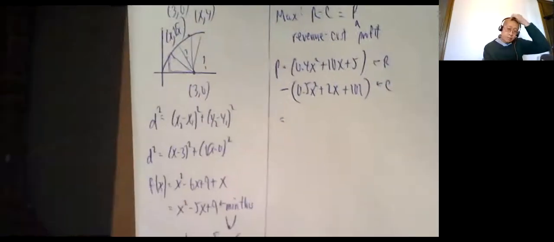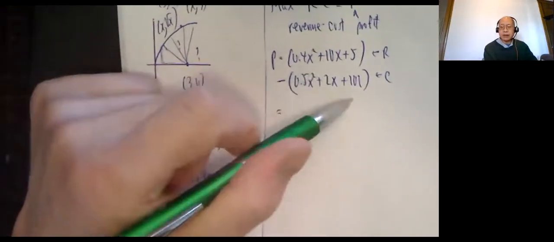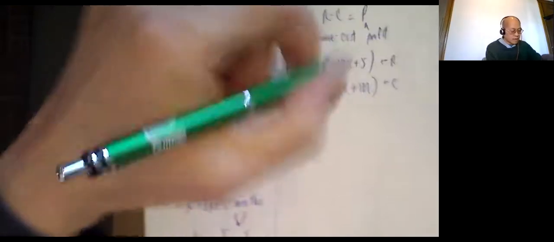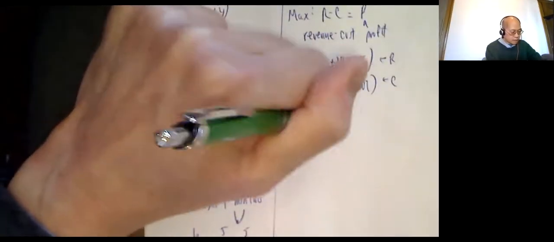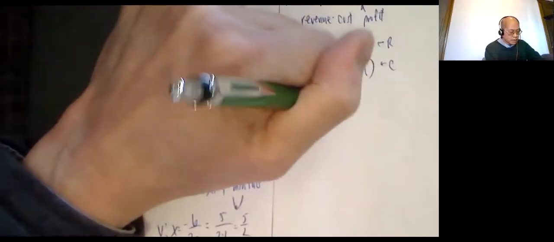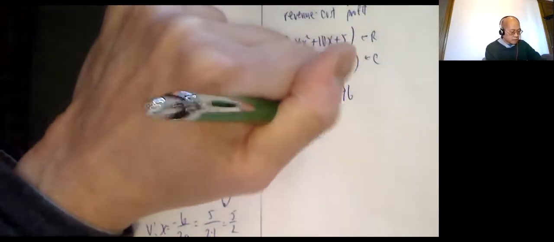The nice thing about lining up like this is you can tell right away, that minus that, that minus that, that minus that. So the profit function is 0.4 minus 0.5, which is negative 0.1x squared. And then 10x minus 2x is plus 8x. And then 5 minus 101 is minus 96. Okay, and we're trying to maximize this.